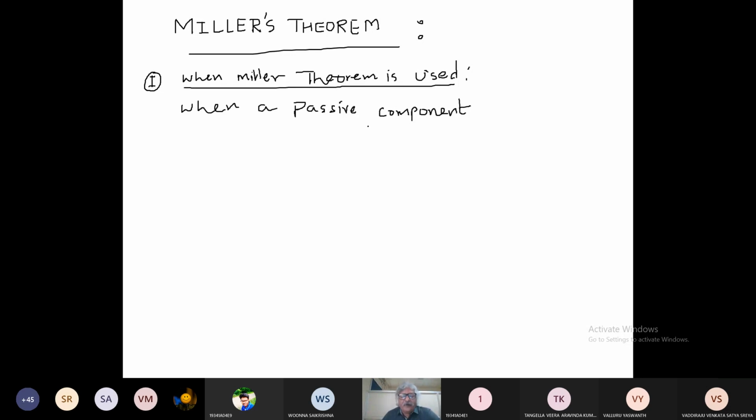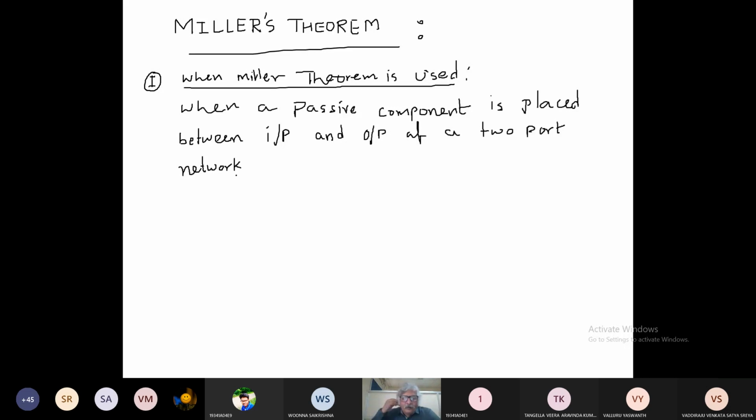So when a passive component is placed between the input and output of a two-port network, if you find this situation, for example, suppose this is our two-port network.